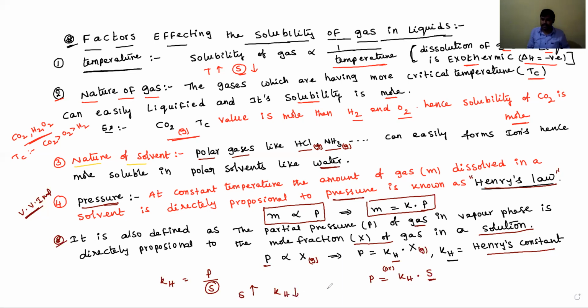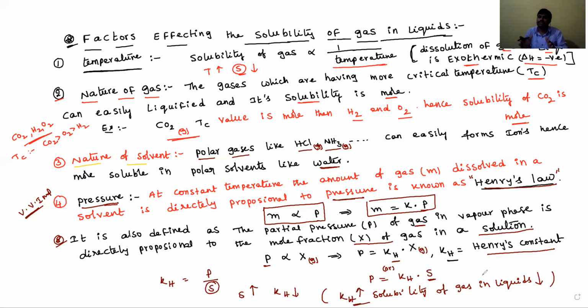Okay students, this point is asked in board examinations as well as in objective examinations. If the Kh value increases, the solubility of gas in liquids decreases. Or if solubility increases, then the Kh value will decrease, or if Kh is decreasing, then the solubility of gas in liquids increases.